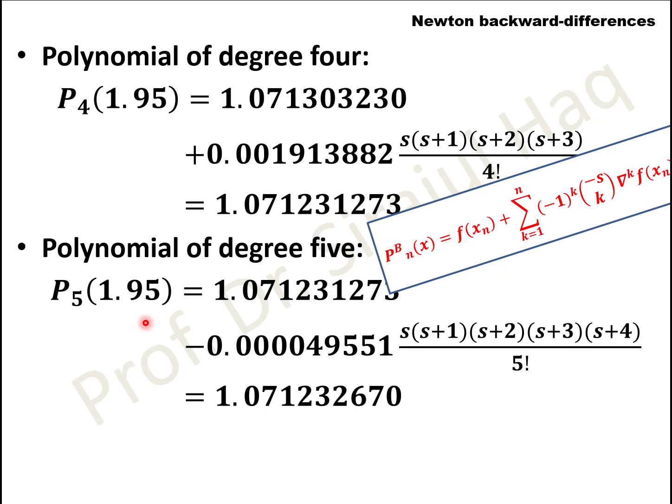Again, we are expecting that the greater the degree of the polynomial, error will be small. So we are expecting that this will be more accurate answer as compared to the other 4 polynomials. This is another example using the Newton backward difference formula.